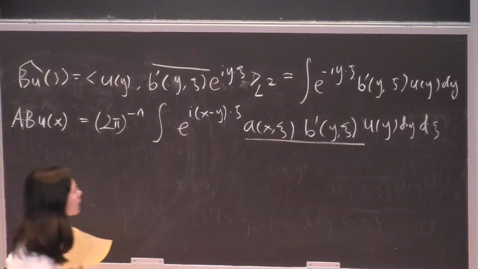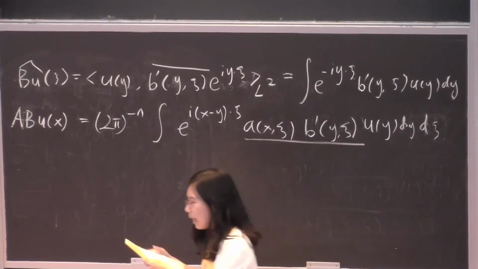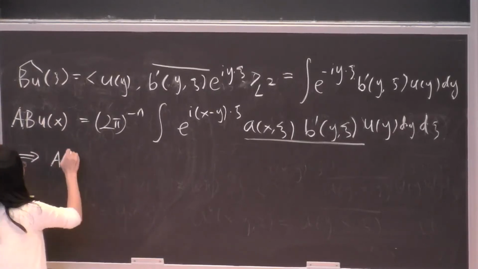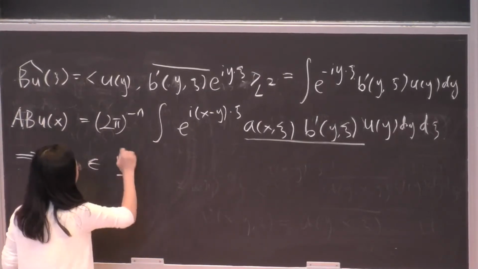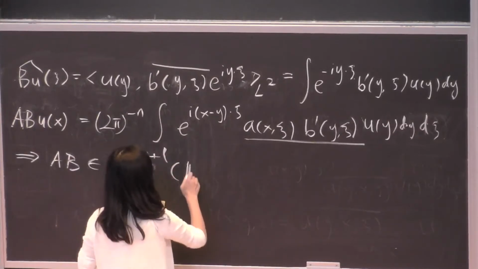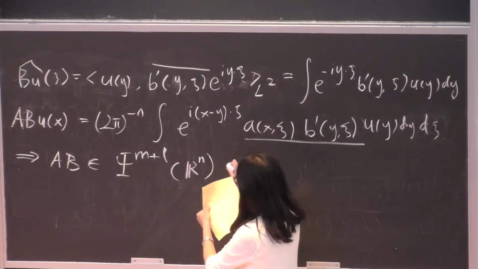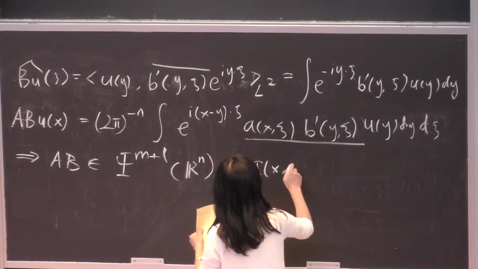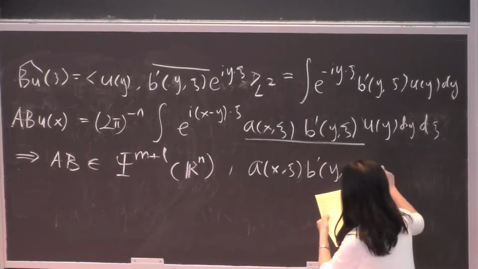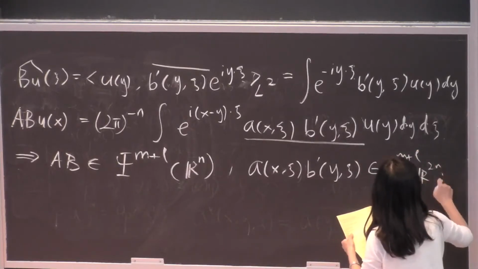Okay, but let's say that at least algebraically everything makes sense. And that's my symbol. In particular, it's very easy to see that AB is indeed a pseudo-differential operator of order m plus L, where the symbol a(x, psi) b prime(y, psi) is in S^(m+L)(R^2n, R^n).